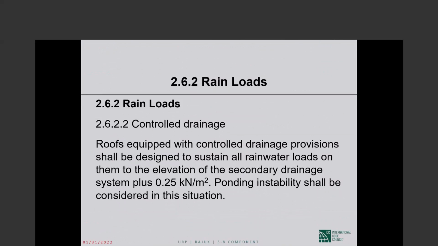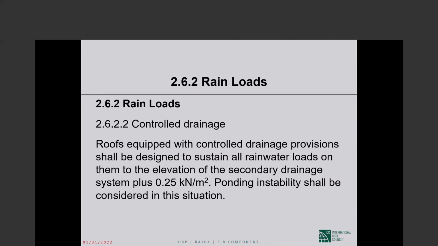Okay, controlled drainage. Roofs equipped with controlled drainage provisions shall be designed to sustain all rainwater loads on them to the elevation of the secondary drainage system plus 1/4 kilonewton per square meter. That's 5 pounds per square foot.